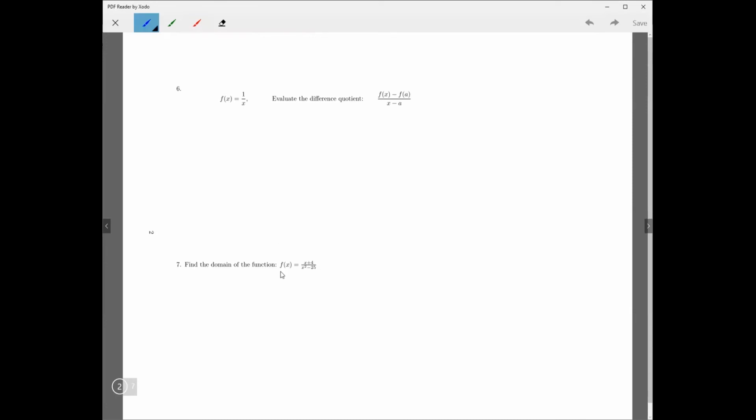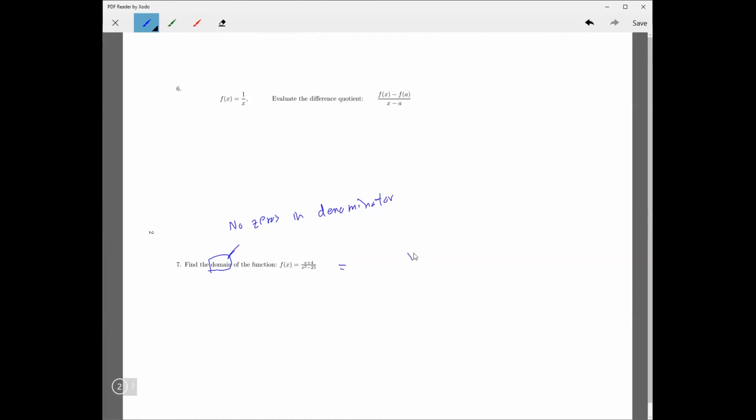We'll go to domain. And usually with the domain, what I like to say is there are a couple of things to check for. Okay, so no zeros in the denominator. I'm referring to when you see a function that's written down.